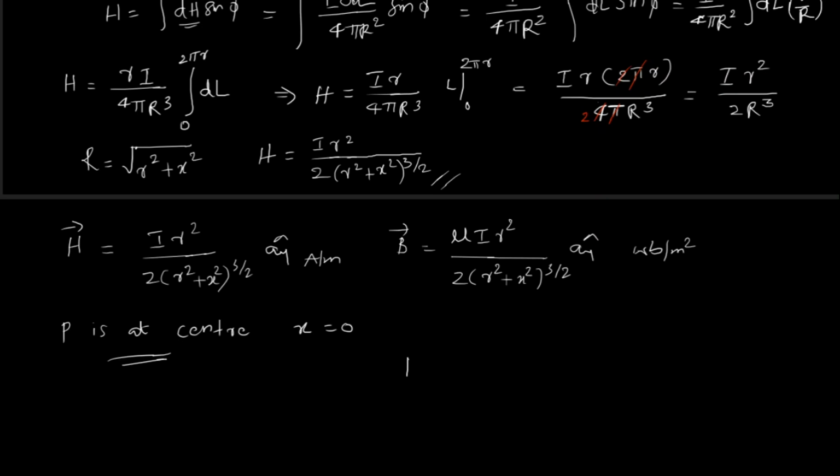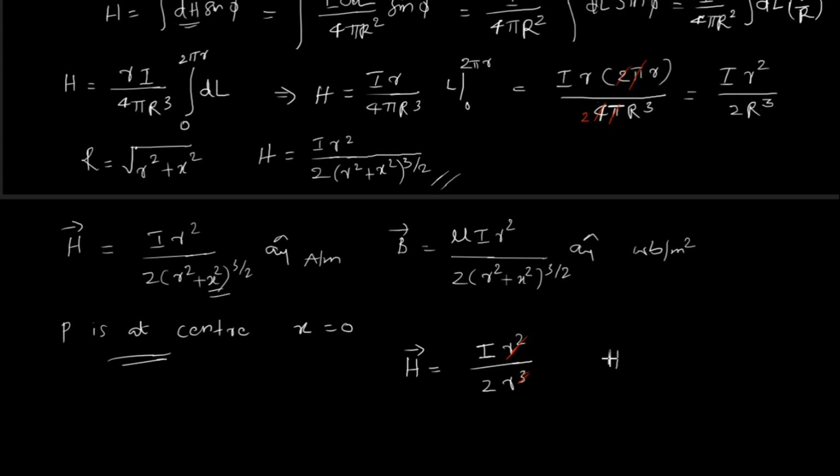Then what will be my H vector? In this equation, I just substitute x equal to 0. So what happens? I get I R square divided by 2 times R square power 3 by 2, which is R cube. But here I have R square, so you should be very happy. You can cancel out this R square with this cube.